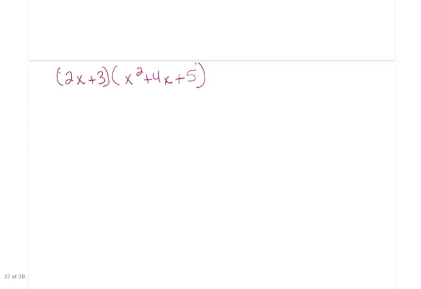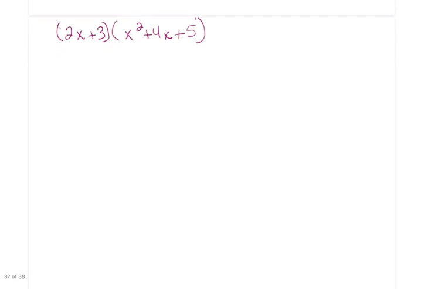You can write it out to where you're saying 2x times x squared, and then 2x times 4x, so a positive 2x times a 4x, and a positive 2x times 5.